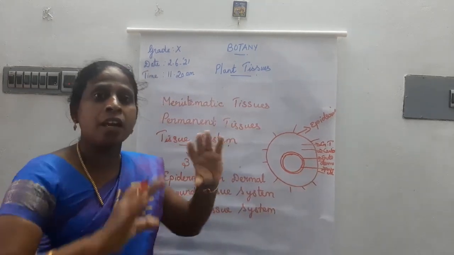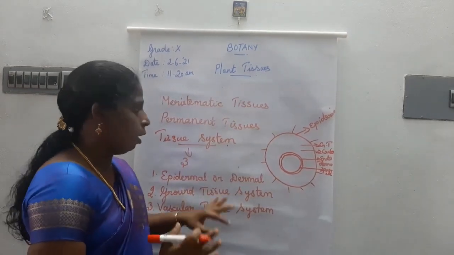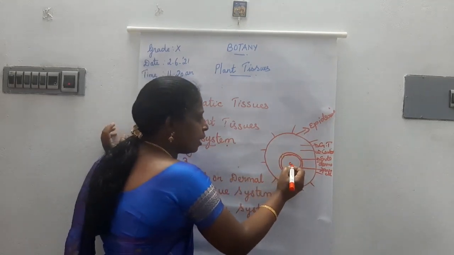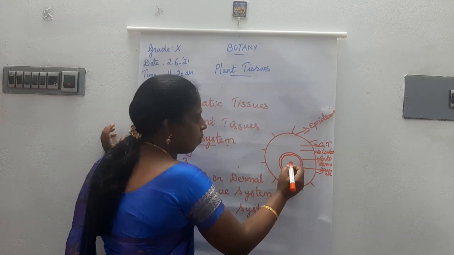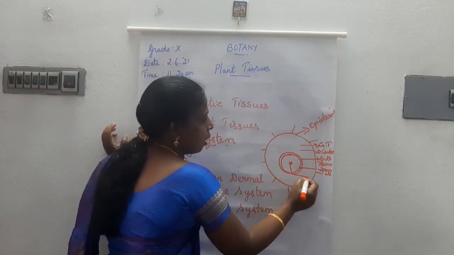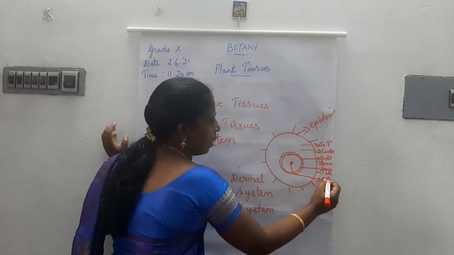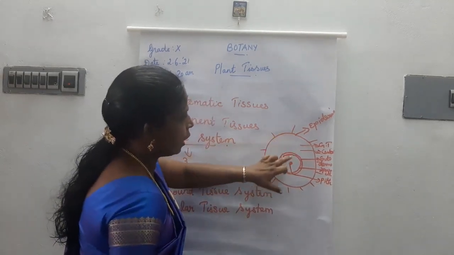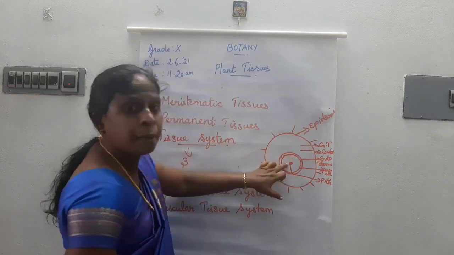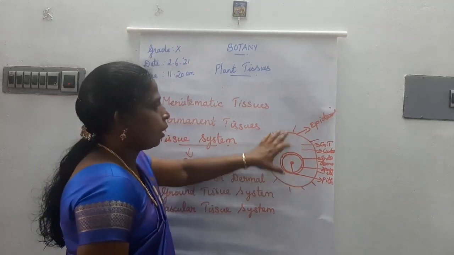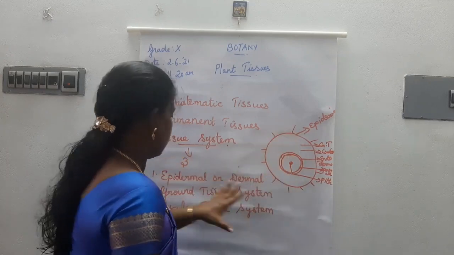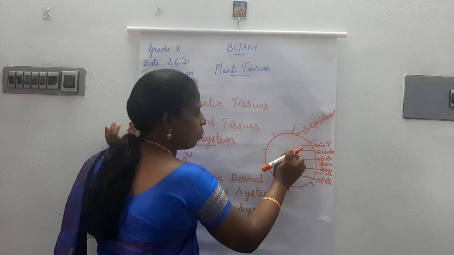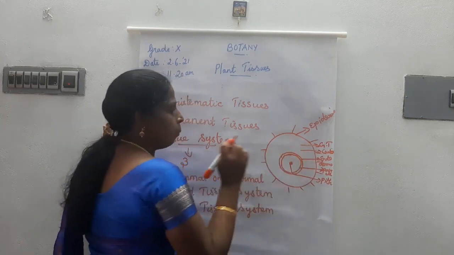This pericycle covers the vascular tissues. In the center of the stem or root, we can see a small pith. So the ground tissue consists of cortex, endodermis, pericycle and pith. This is the basic thing.